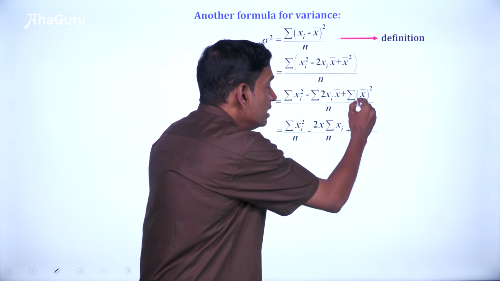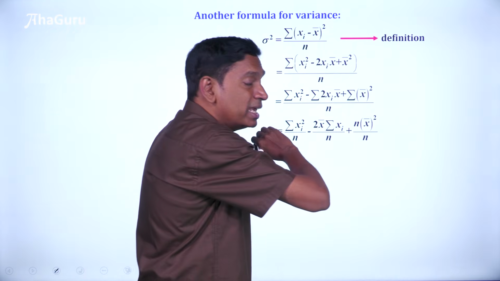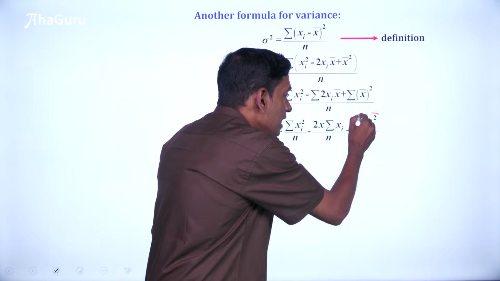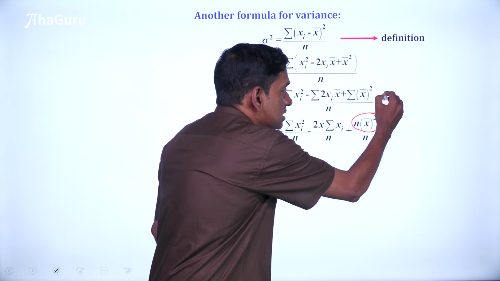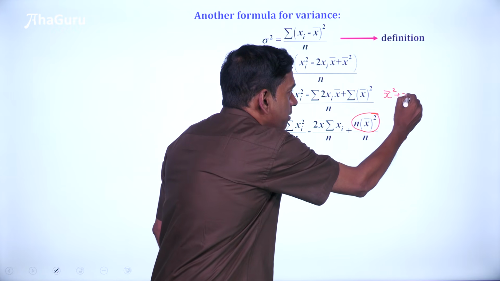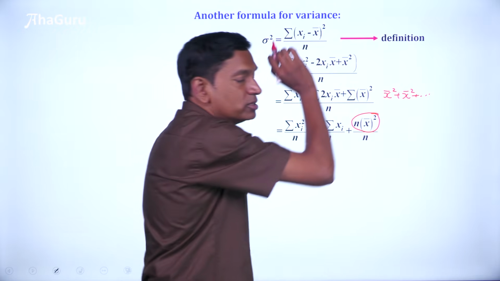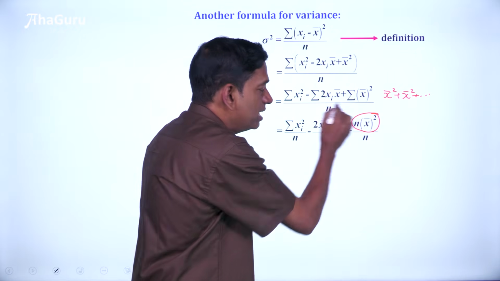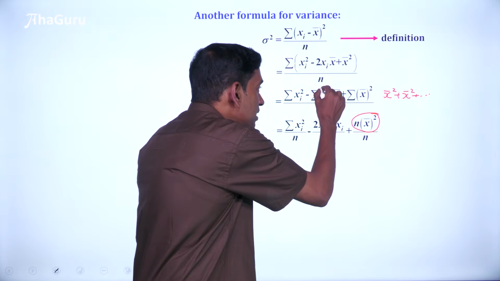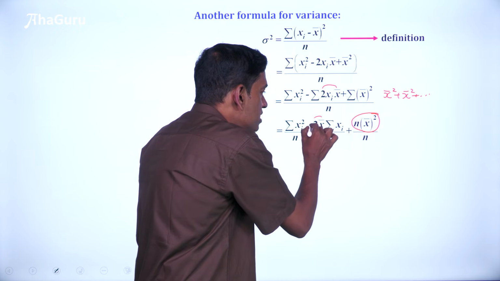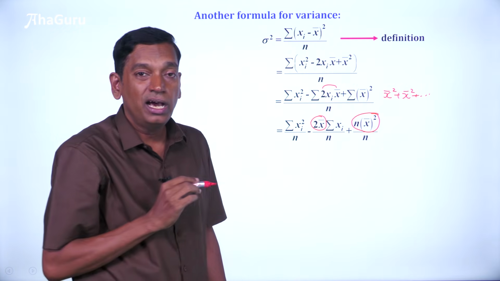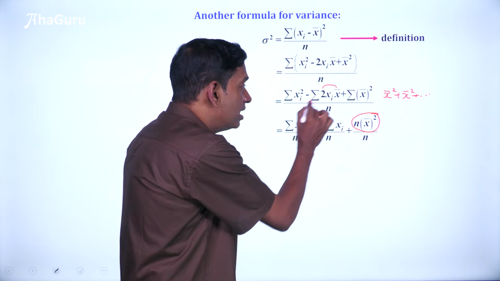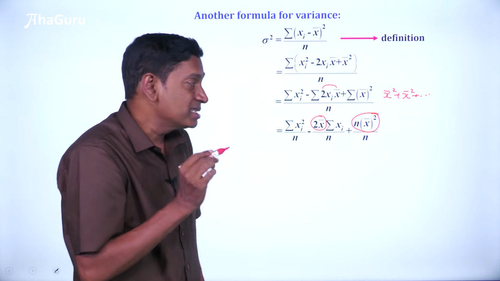If you do summation of x bar squared n times, you will get n times x bar squared. This is the same as x bar squared plus x bar squared and so on. That is why you will get n x bar squared. On the other hand, in the middle term, 2 and x bar we have just taken separately out. It is very important to learn these tricks when you are doing summation.